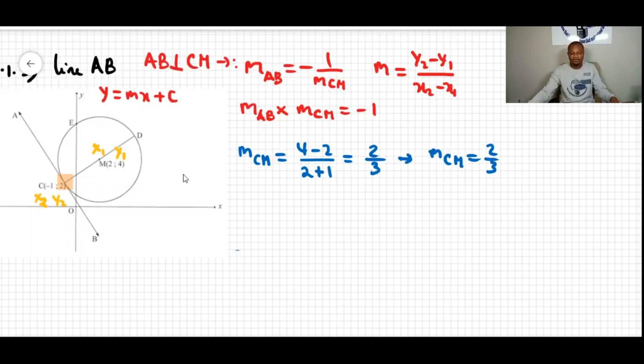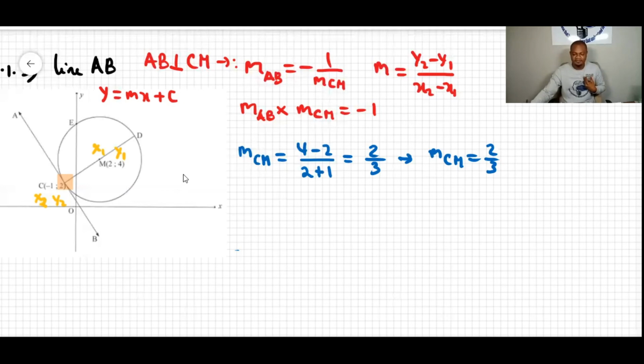Now we can use the formula to find the gradient of the tangent line. But we don't really need the formula. What I call, in my English, the opposite of the inverse. What do I mean by that?